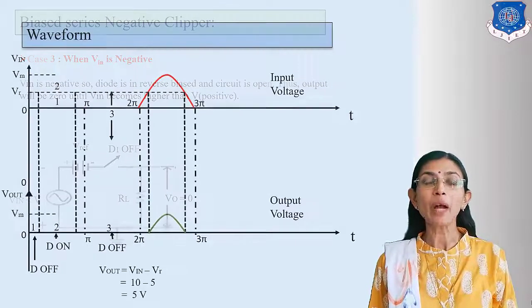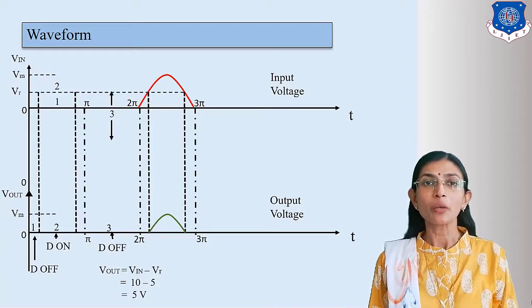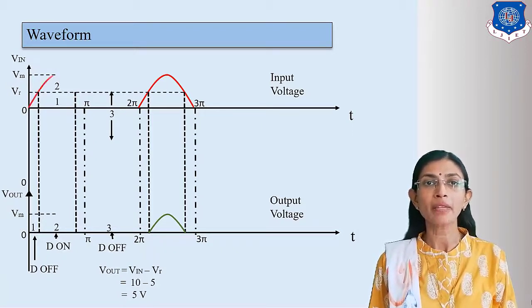We can draw the output waveform by comparing with the input waveform. We will always compare the input waveform with the V reference DC voltage. If the input is below the reference, then the diode is off, open, and the output equals 0. Look at this, the sine wave between 0 to pi.